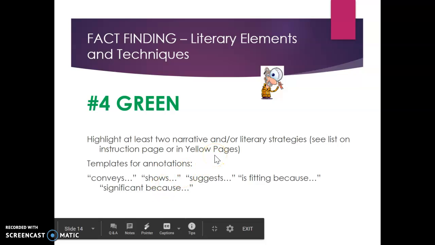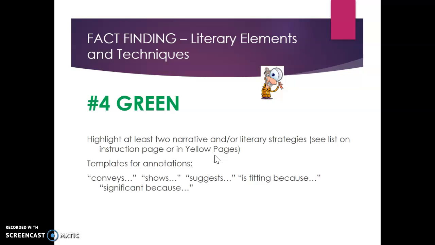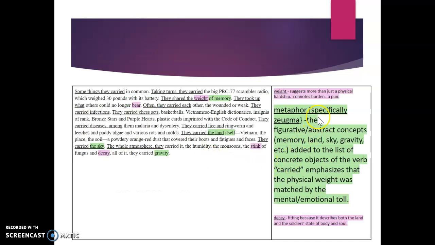So for number 4, green, you would highlight maybe an entire sentence or part of a sentence to demonstrate the metaphor. The example here is a metaphor, and I've given a fancy AP term. You never need to know this for anything, maybe if you're on Jeopardy, but the term is zeugma, where it's still a metaphorical move, but it's basically saying that a verb has 2 objects.